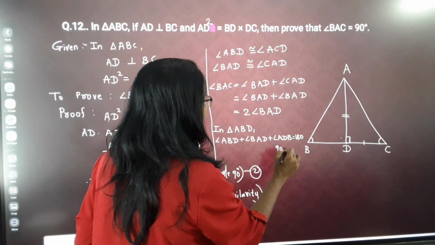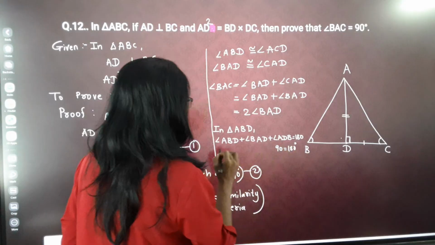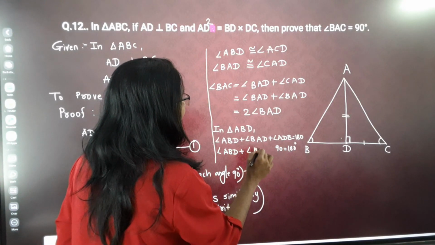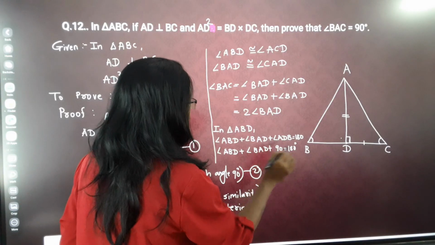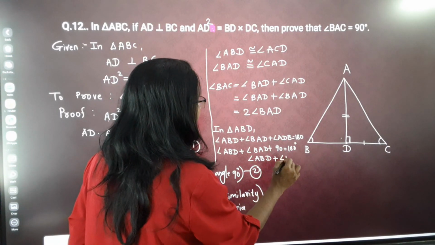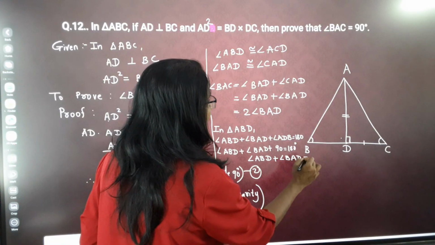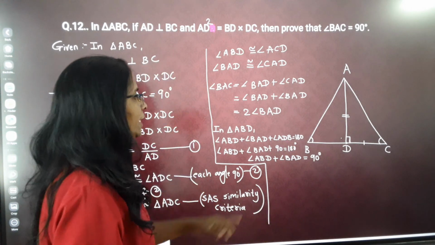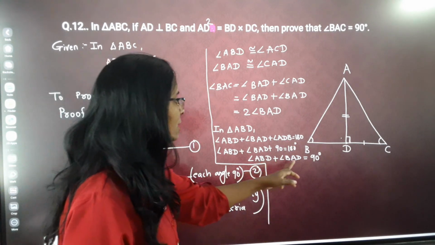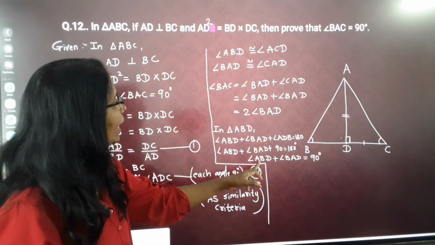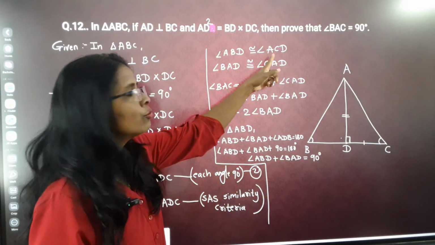Now this angle is 90 degrees here. Then we can say angle ABD plus angle BAD is equal to 90 degrees. Okay students? Now here, angle ABD is congruent to angle ACD.